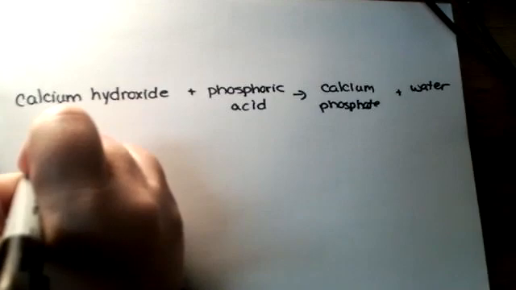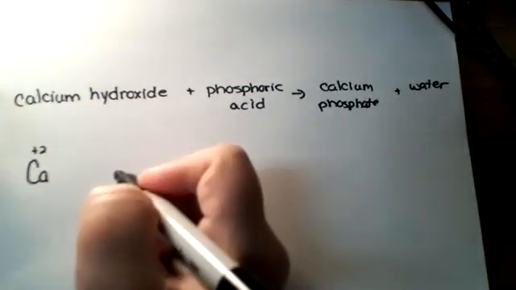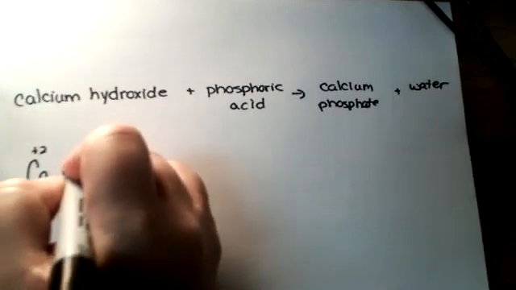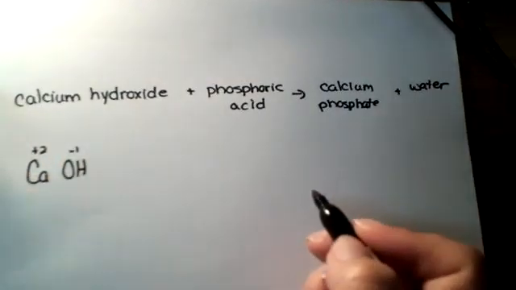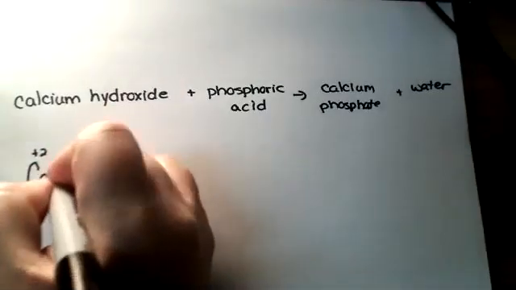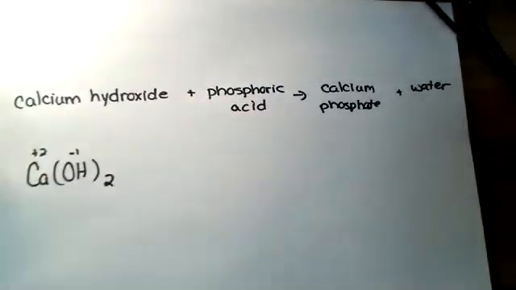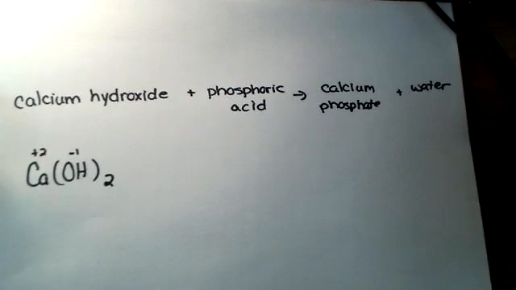Calcium hydroxide is Ca, and that's a +2. And hydroxide is OH, and that's a -1. So I'm going to have to crisscross that, and when I do that, I put parentheses. So I get Ca(OH)2. That's my formula for calcium hydroxide.